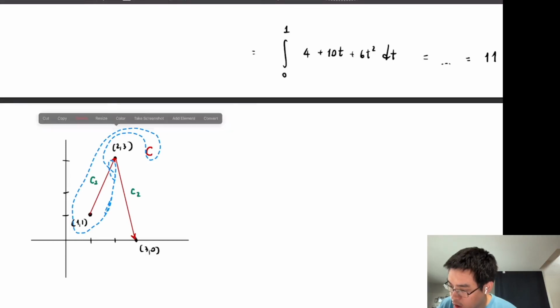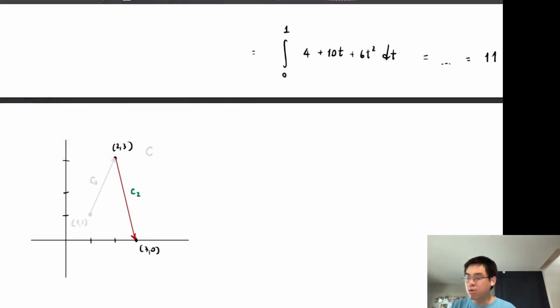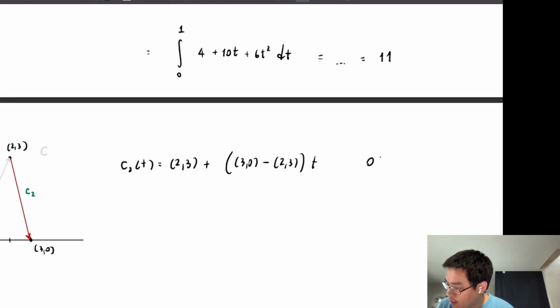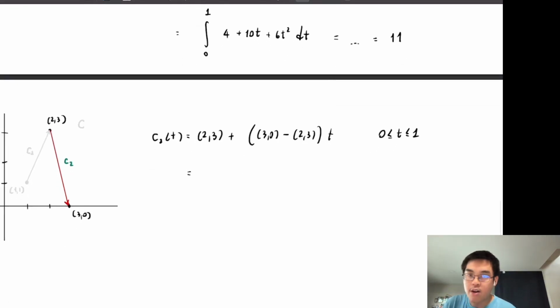All right, C2 looks like this, which gives us C2(t) will be the starting point plus end minus start times t, and then t from 0 to 1. All right, so we get 2, 3 plus 1 minus 3t, right?